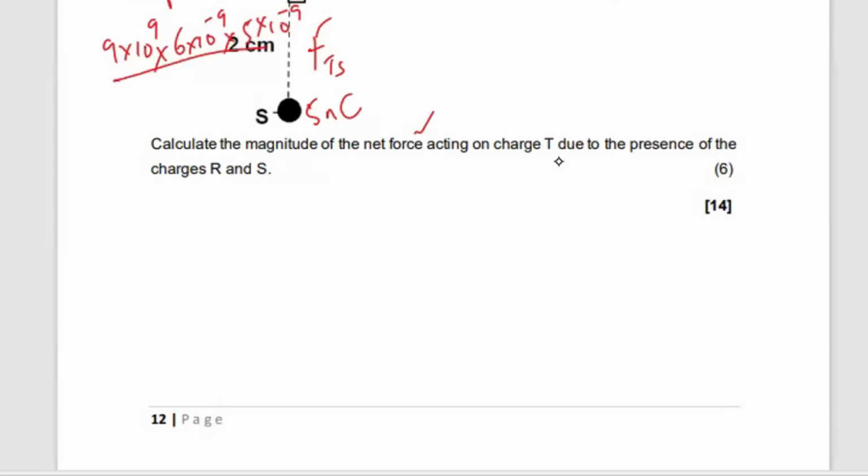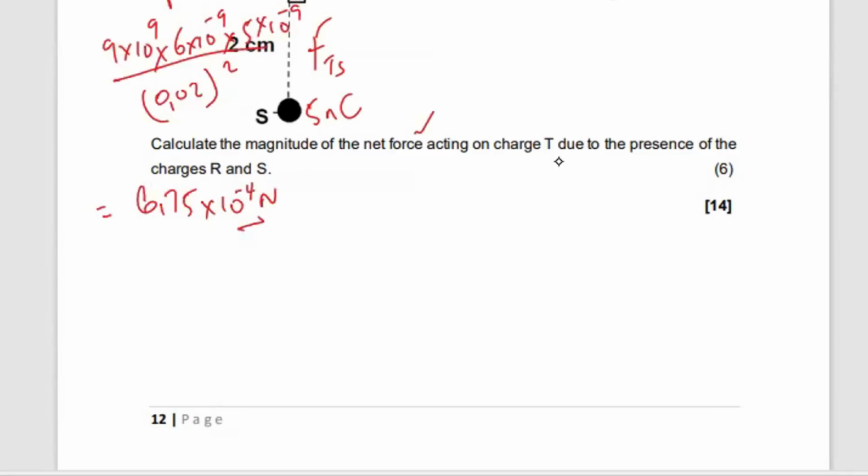Distance, change the centimeters to meters, which is 0.02 squared. Punching this into the calculator, I'm going to end up with 6.75 times 10 to the -4 newtons.